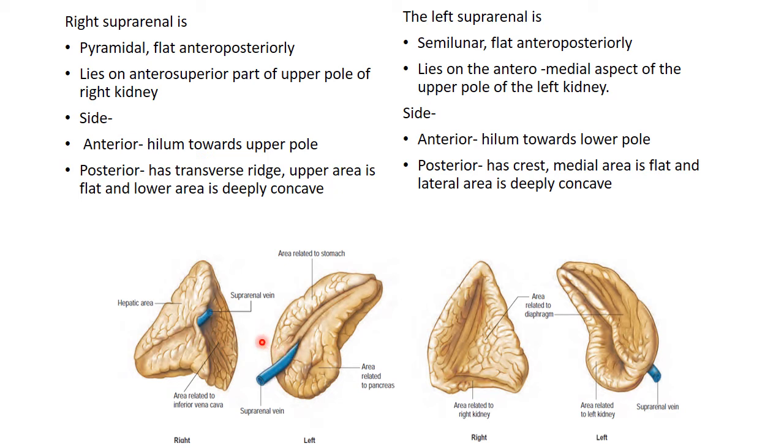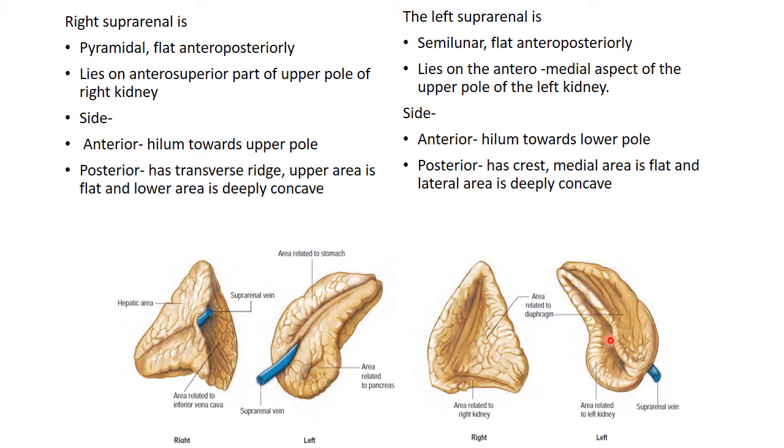For side determination, one should remember that on the anterior surface of the right side, there is a hilum which is placed more towards the upper pole, whereas on the left side, the hilum is towards the lower pole. And when we see the posterior surface, this one is for the right side, this one is for the left side.